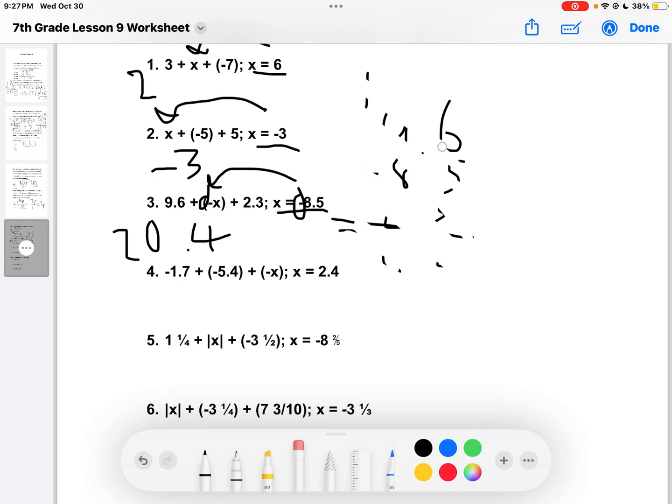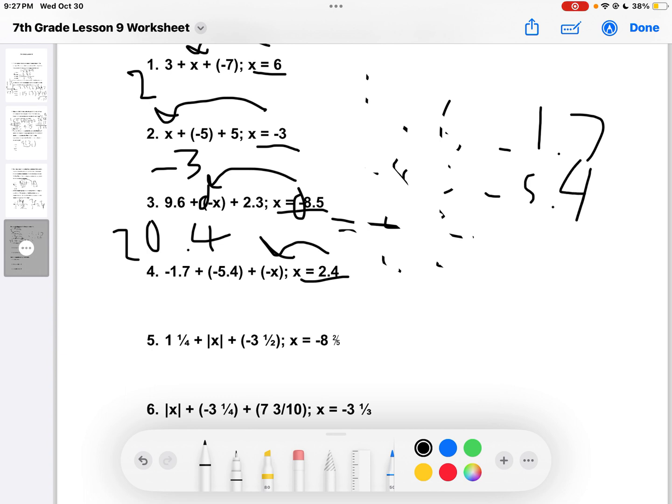Number 4. Negative 1.7 plus negative 5.4 plus negative x. x in this case is 2.4. So it's just negative 1.7, negative 5.4, negative 2.4.